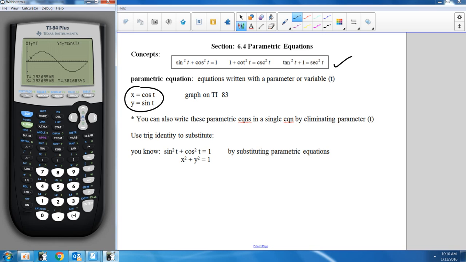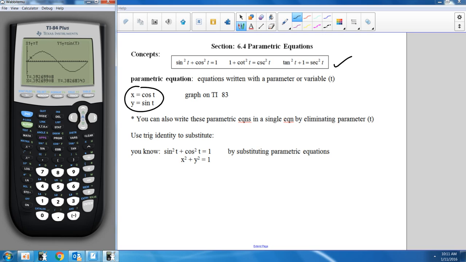It's showing you that based on your t, which is your angle, it's giving you what your x is and what your y is. And it's also showing you what your equations are for your x and your y. So based on your t, it's delivering you an x value and a y value, and that's what it's plotting on that graph.